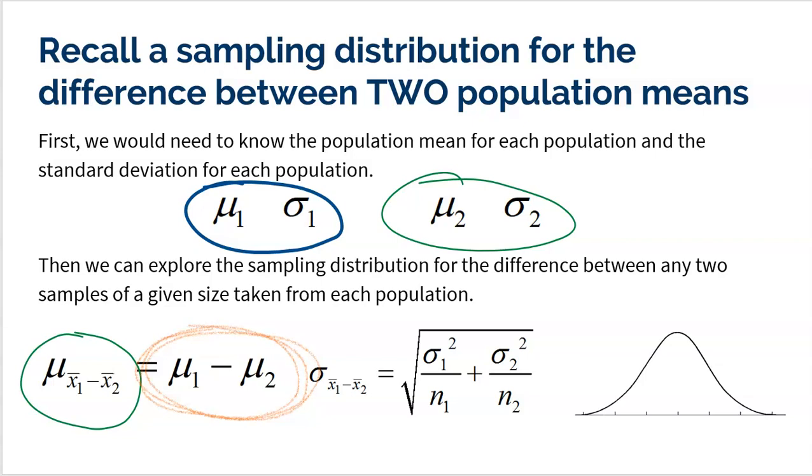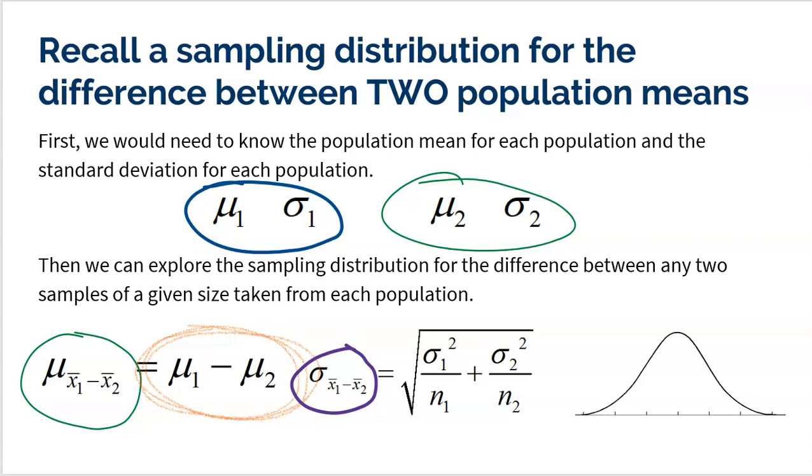That makes complete sense. Why wouldn't we expect the true difference to be right smack dab in the middle of our sampling distribution? But then we also understand that those many differences between any two samples are also going to deviate. So that's where we have the standard deviation of the sampling distribution for the difference between two samples.